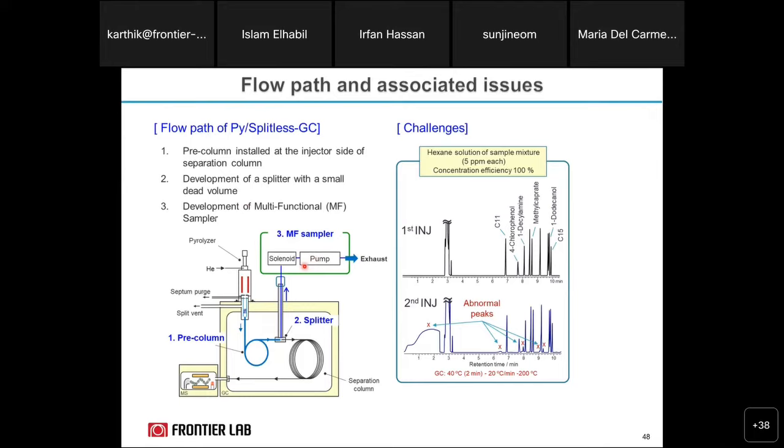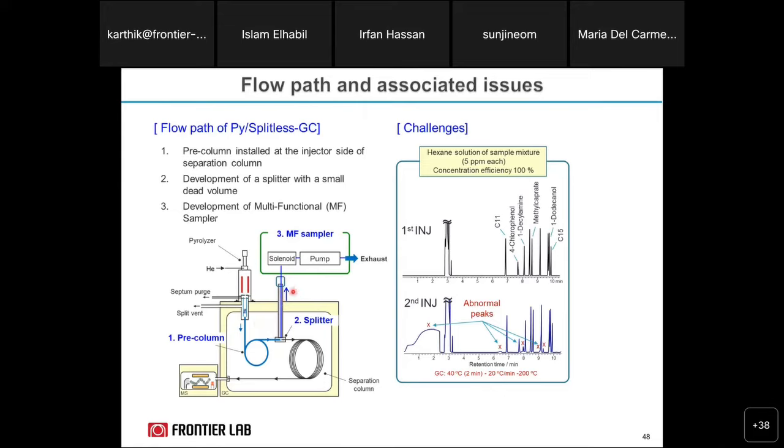Let me briefly show what it means. When you have your sample injected in splitless mode, your flow rate is low, because of which the sample may stay here for some time, and that leads to secondary reaction. We want to avoid that, so we have come up with this external hardware.